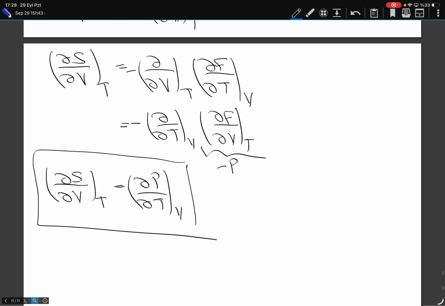So, for example, we know the equation of state of the ideal gas.